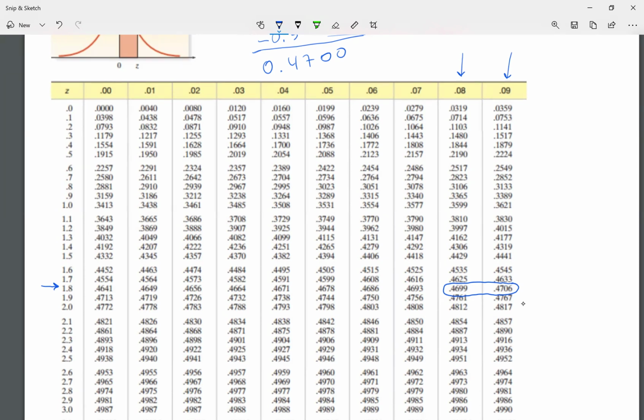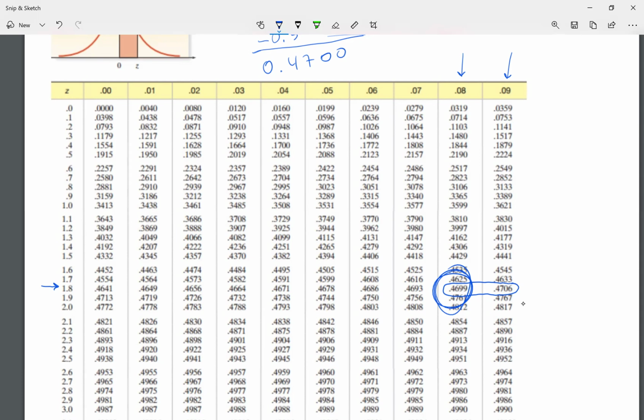In order for me to not go over 97%, I'm going to choose this value. I don't want to go more than 97%. So 96.99% sounds about right. So my C-score is 1.88.